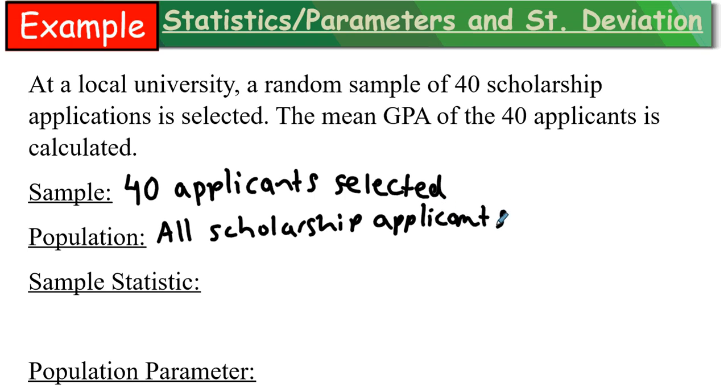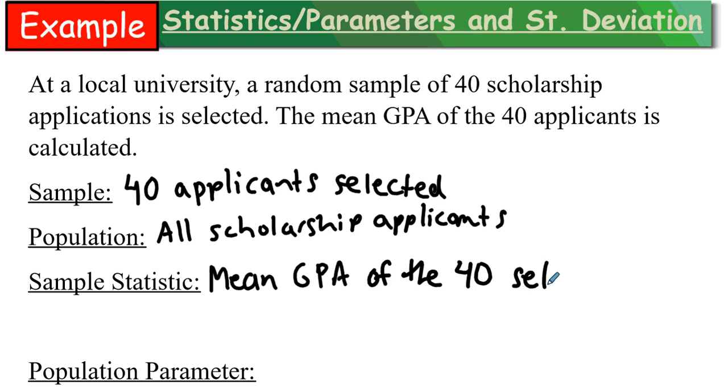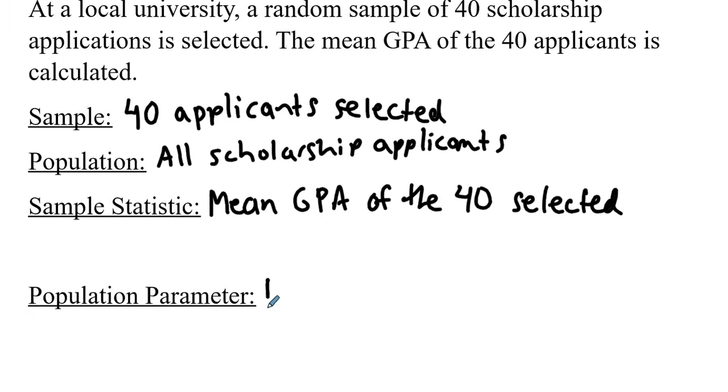The sample statistic would be the mean, the average GPA, because it's for the sample. It'd be the mean GPA of the 40 selected. The population parameter would be the mean GPA for all applicants.